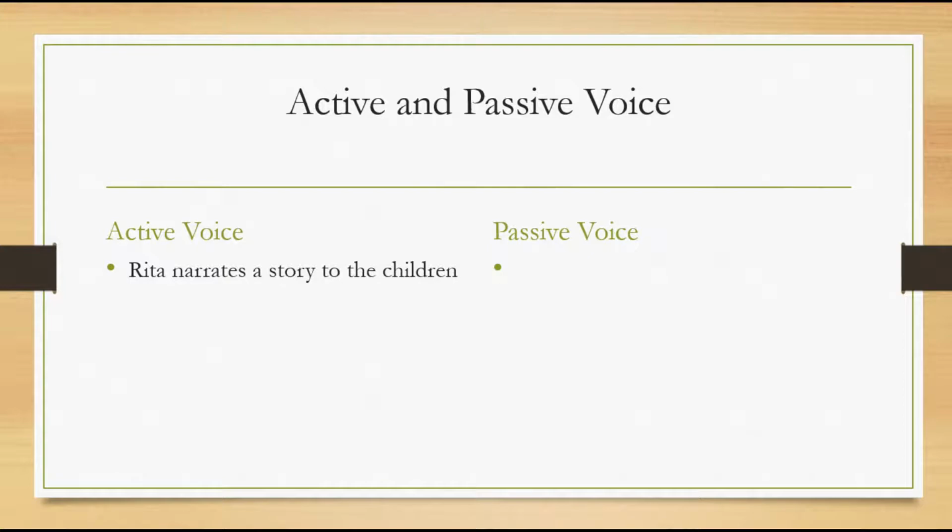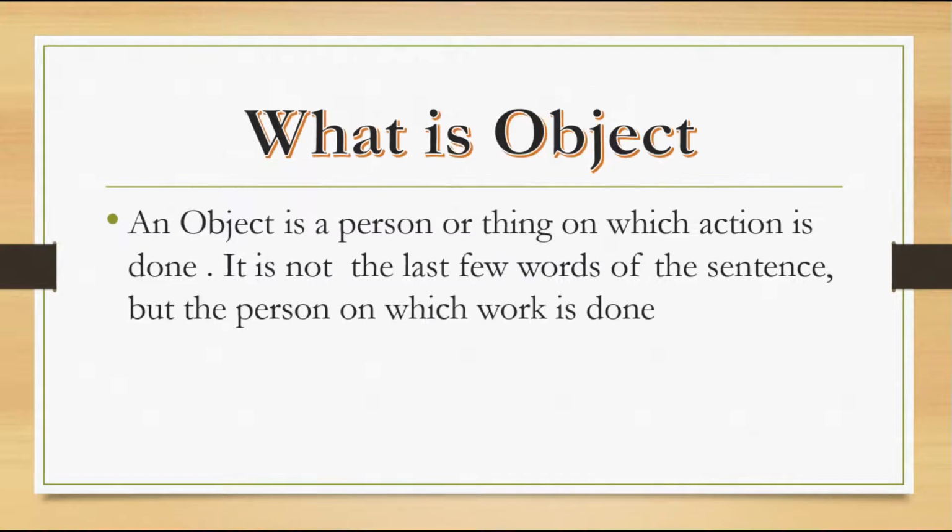This is the same thing which we have to play around a little bit with when we are doing this active and passive. Now, at any point of time you are confused and probably you would be as to what is an object. So an object is a person or thing on which action is done.